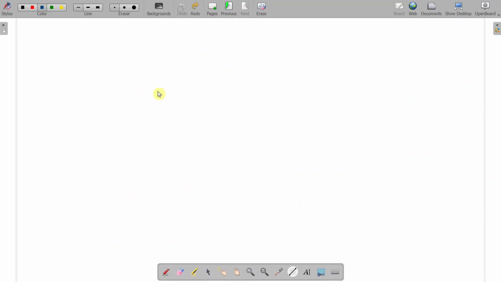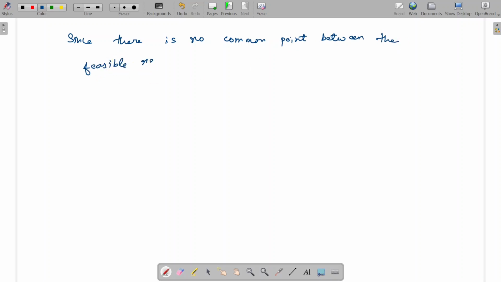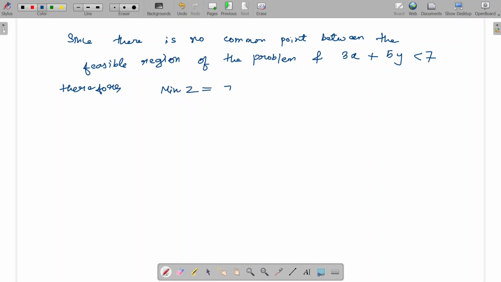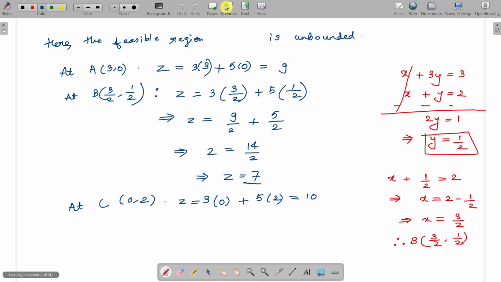Since there is no common point between the feasible region of the problem and this region 3x plus 5y less than 7, therefore the minimum z is nothing but 7 at which point?